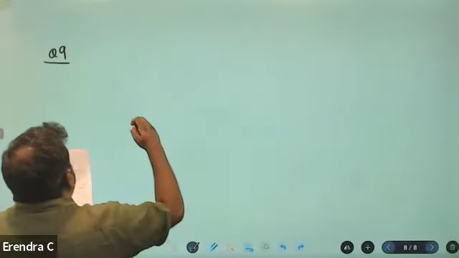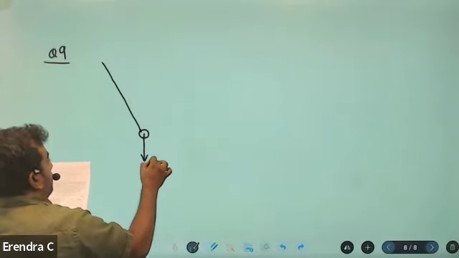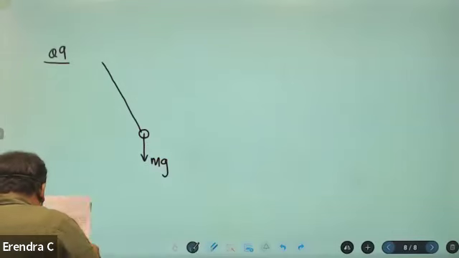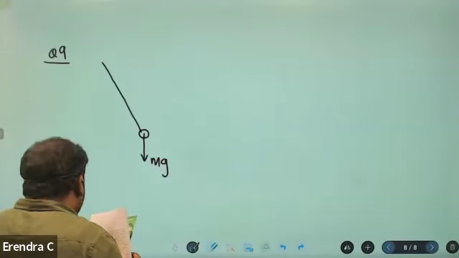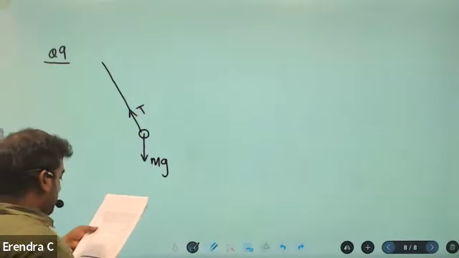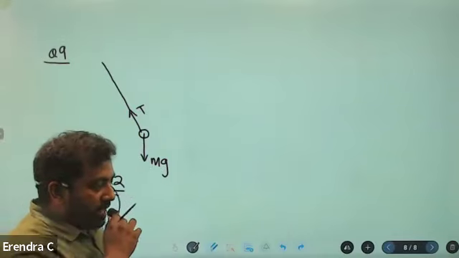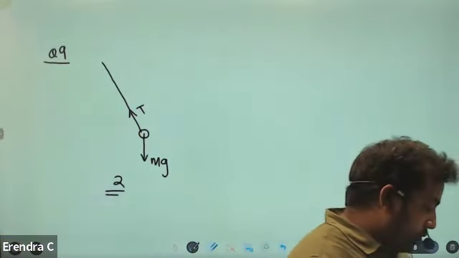When you observe, what are the forces? It will be mg and tension. Right. Answer number 2.